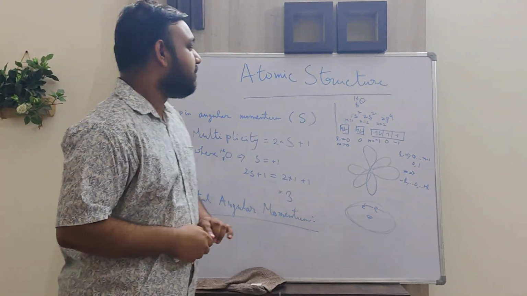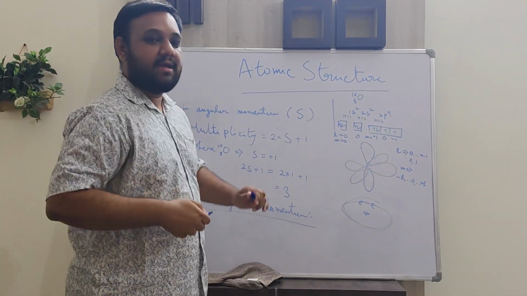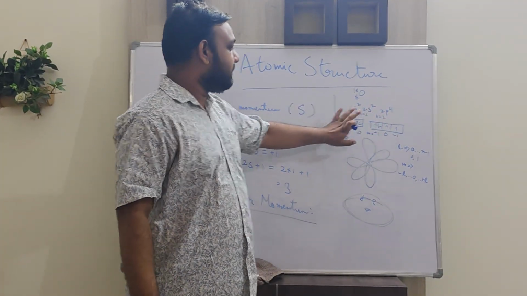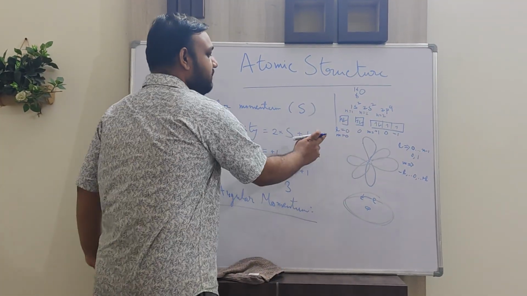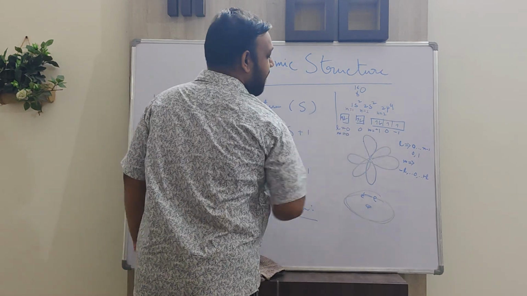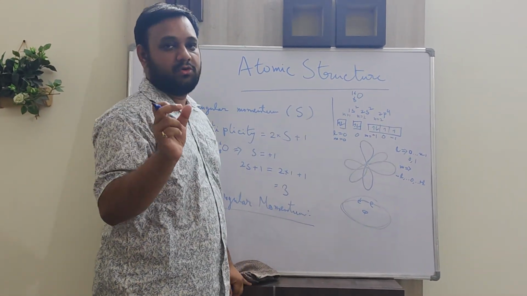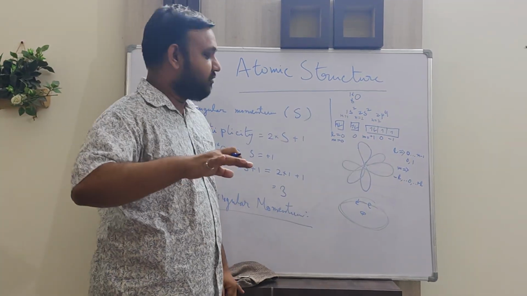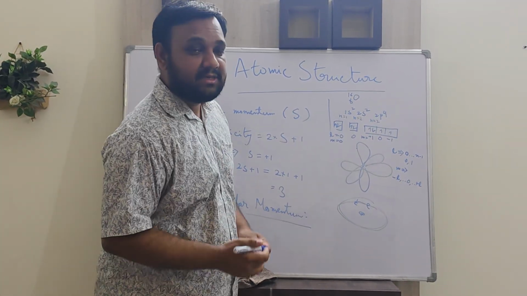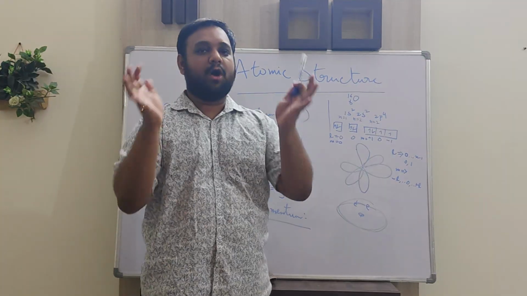So now if we want to calculate the total angular momentum in a p orbital or s orbital, you can see there is no angular momentum, because the quantum value is 0. So it is not giving any angular momentum. How to visualize it? You can think of a spherical ball.